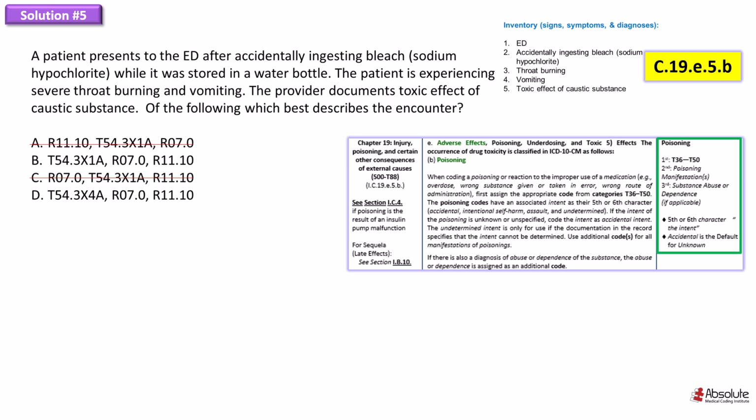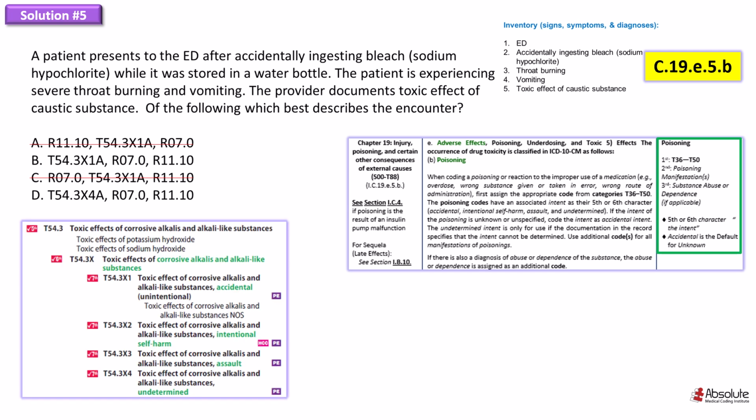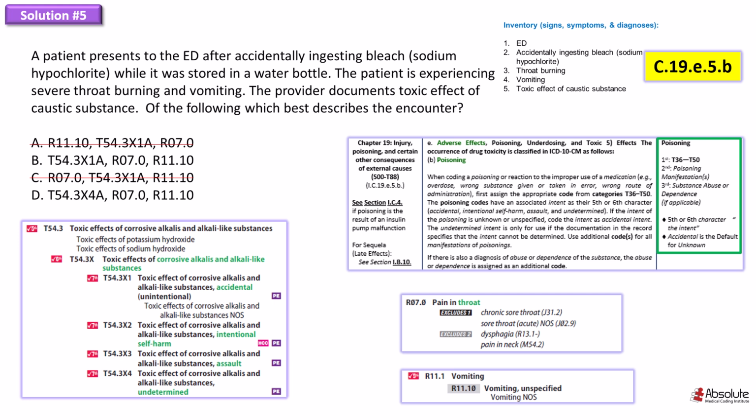So let's go ahead to the tabular list and look up our codes. Okay, so if we see T54.3X1, this is the code for toxic effects of corrosive alkalis and alkali-like substances, accidental, meaning it was unintentional.